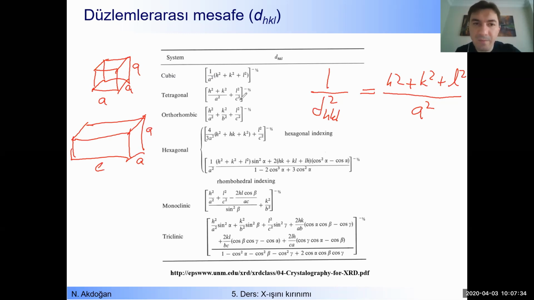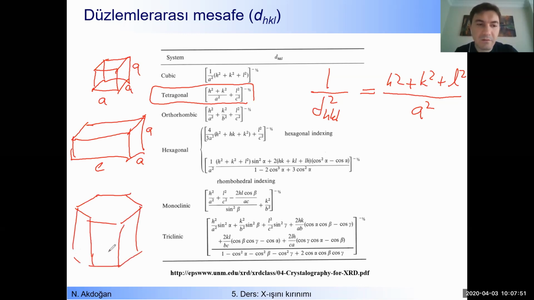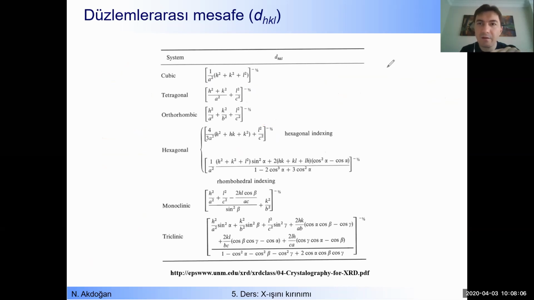For this reason, we have something else in tetragonal crystals. It is also the same in hexagonal crystals. We have a much more different crystal structure in hexagonal crystals, okay? So this is called a and this is c. So we have a different type of calculation for the d. This must be done in the solid state physics courses. I will not go into detail, but maybe we should discuss the crystal families later on.